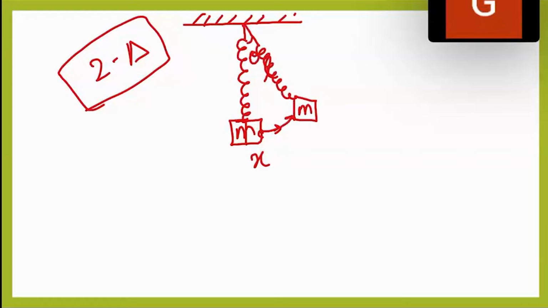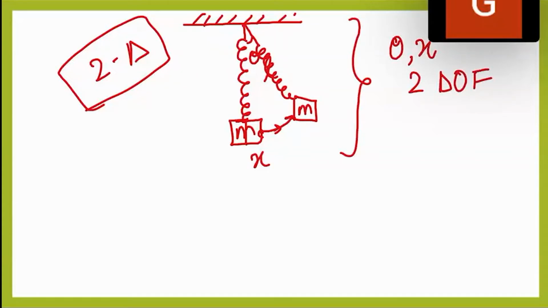So instead of having just 1 degree of freedom, this kind of system has 2 degrees of freedom. That is the number of generalized coordinates here. Apart from theta, it has x also. Theta and x, 2 degrees of freedom.